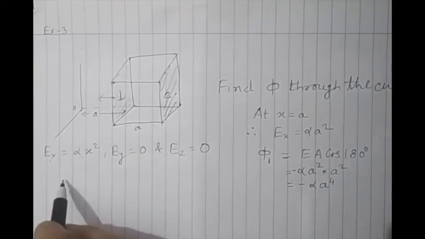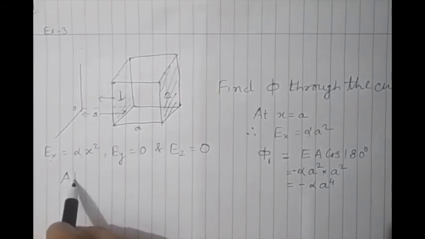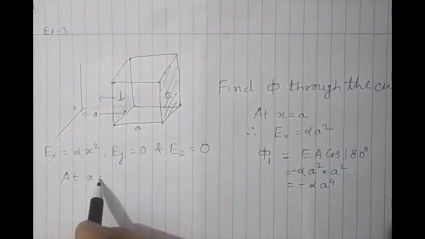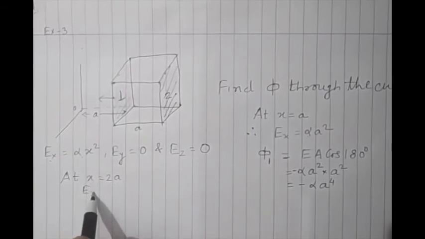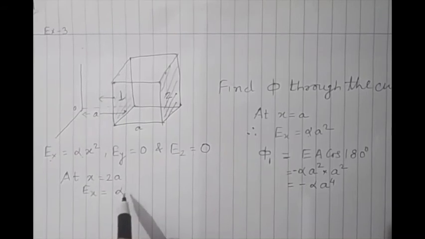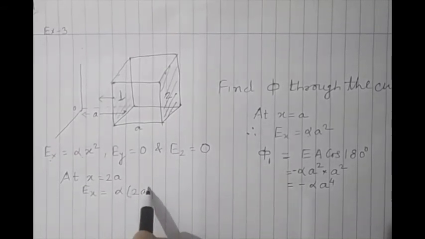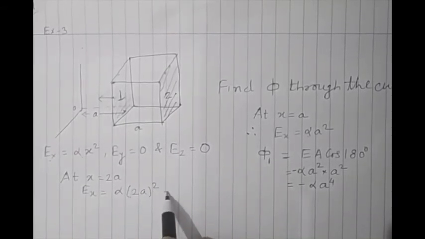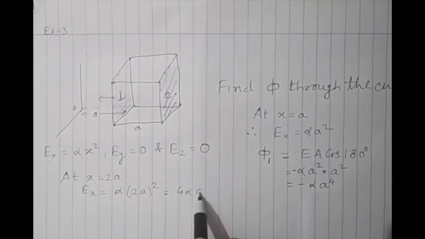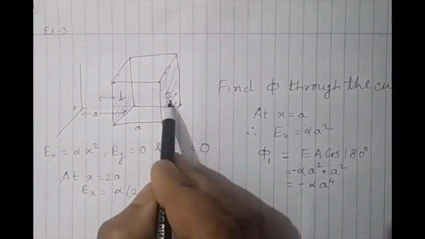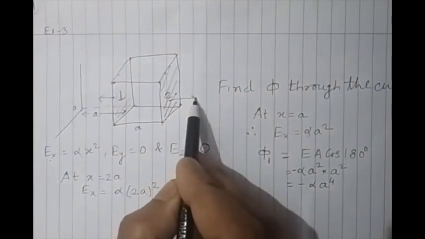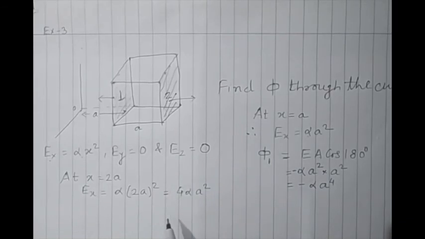At x is equal to 2a, electric field is alpha into 2a square, which is equal to 4 alpha a square, and the direction of area vector is along the direction of electric field.